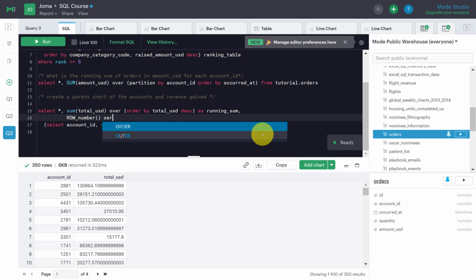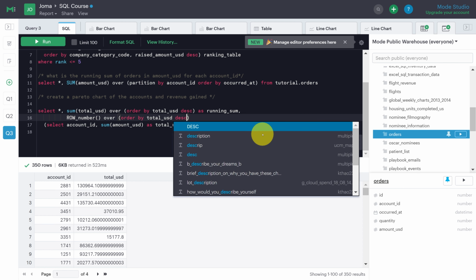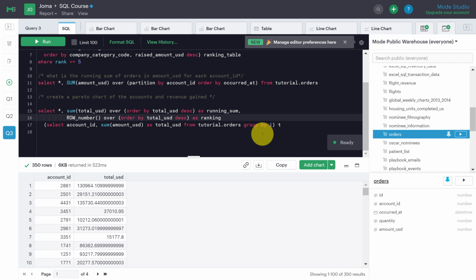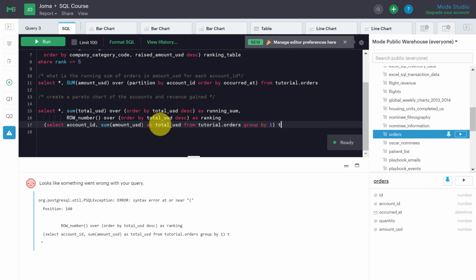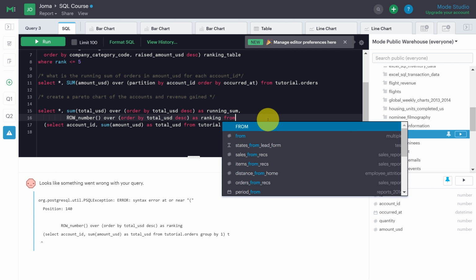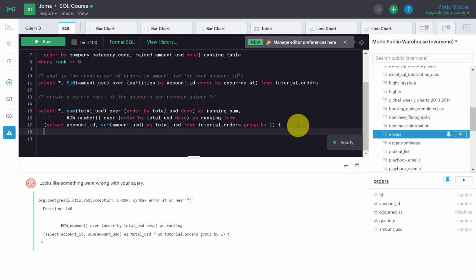Row number over order by total USD descending, same thing as ranking. All right, let's see what this looks like. Oh wait, I should order it. From this table, I want to order by total USD descending.